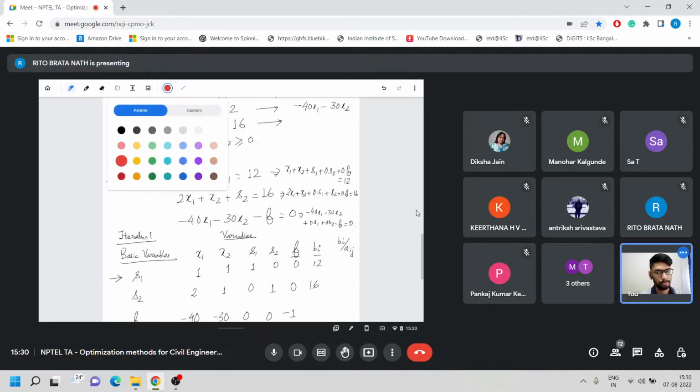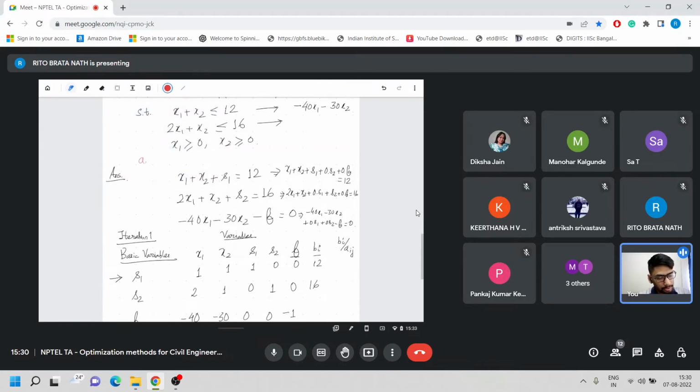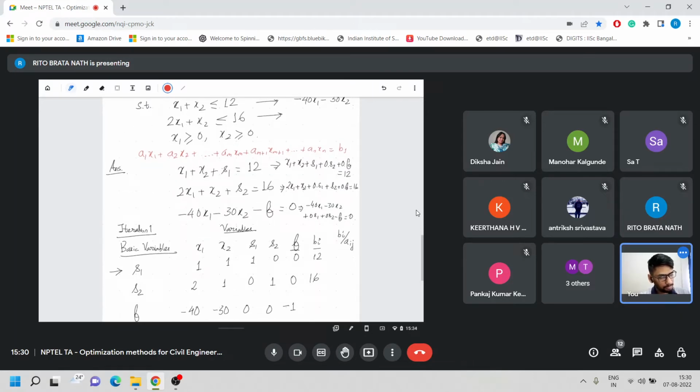Suppose I have to write it down. Have you seen some equations like this in the slides that Sir presented in his lectures? Yeah, so what's B here?